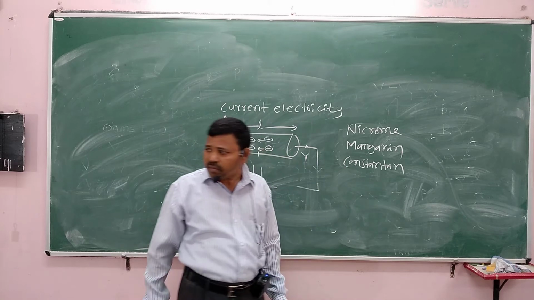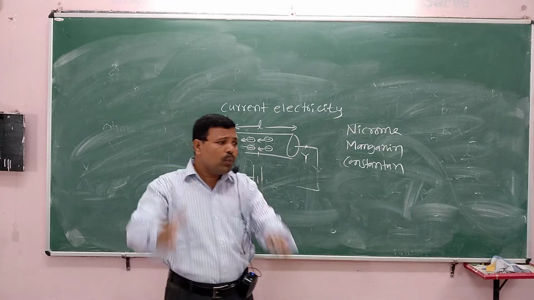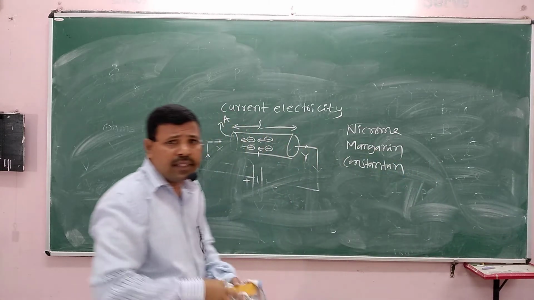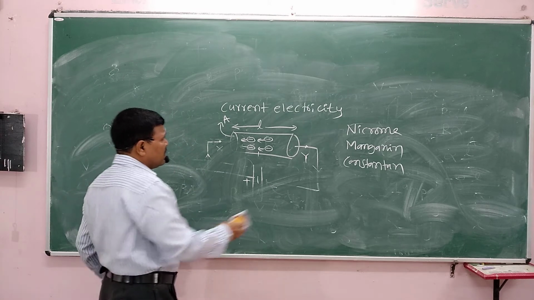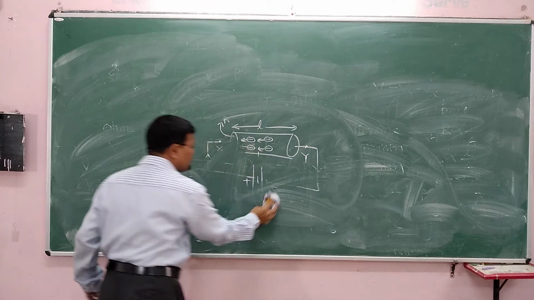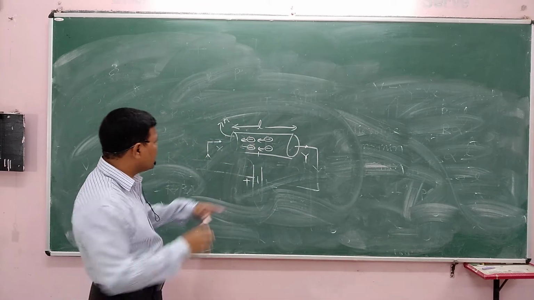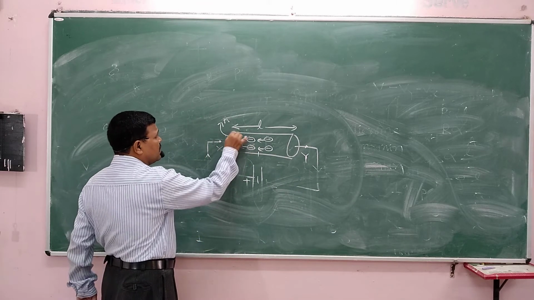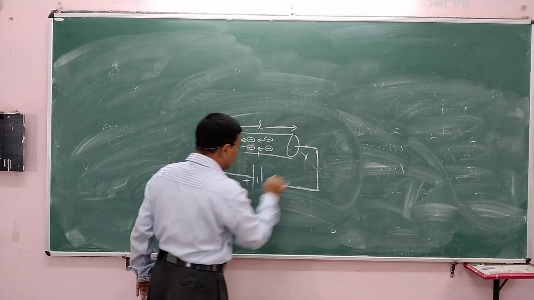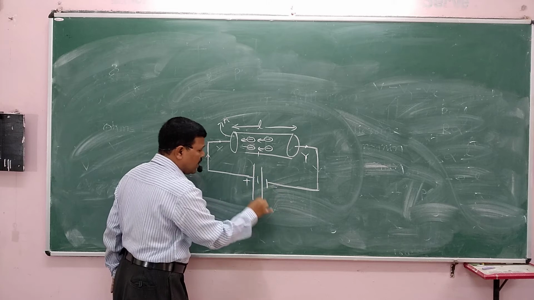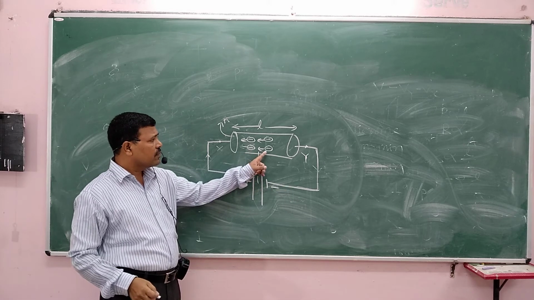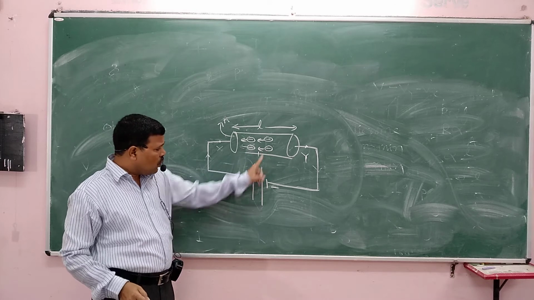Fine. Then, how do we define drift velocity? Look at this diagram. This is a conductor. It is connected to a source of electricity, a battery.